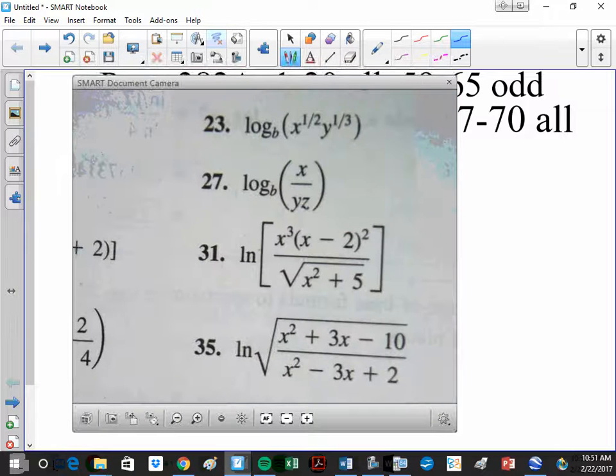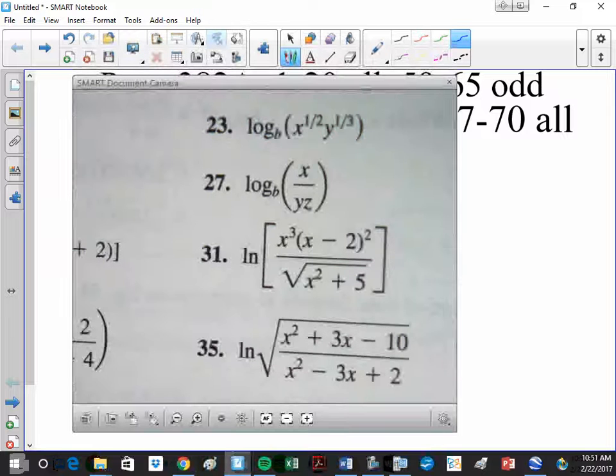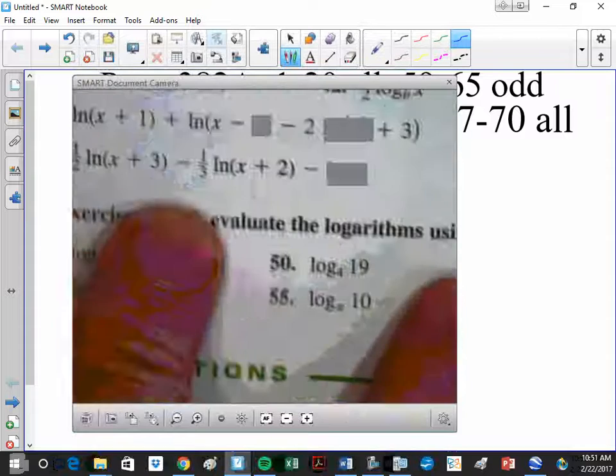So 27 will have 3 logarithms. The first one will be positive, and the second 2 will be negative. And then on the next set, all you're doing is going backwards.